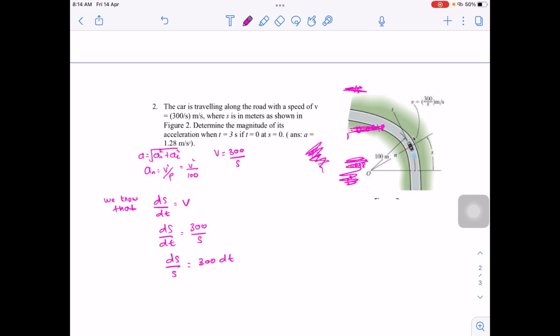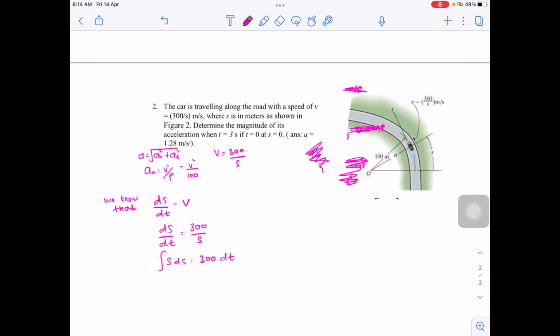Betul ke? So S ds, sir. S ds is equal to 300 dt. Okay, so you integrate lah.